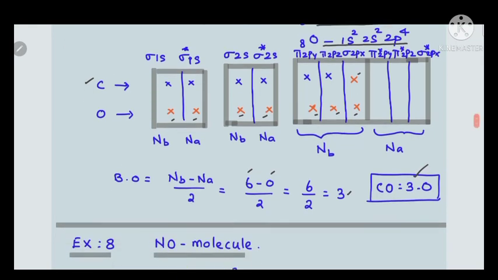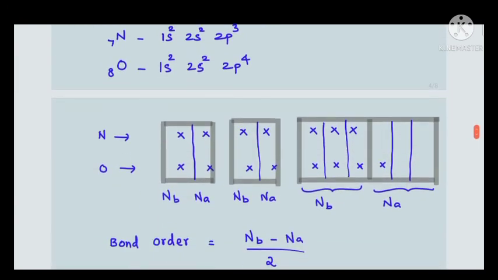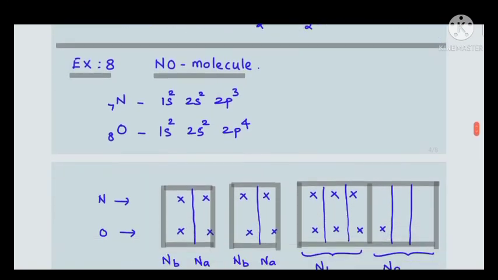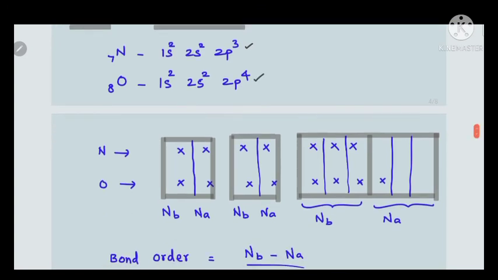Then the next example, almost the last one, nitrogen monoxide, the NO molecule. Here is the nitrogen electronic configuration and the oxygen electronic configuration. When nitrogen and oxygen combine, the electrons are filled in molecular orbitals this way. You know very well that this is the sigma 1s orbital, this is sigma star 1s, this is sigma 2s, this is sigma star 2s orbital.